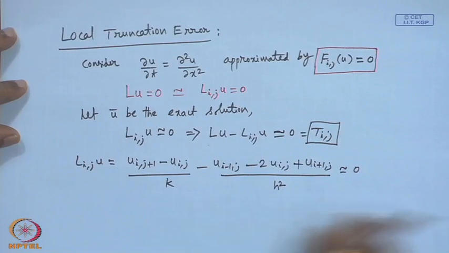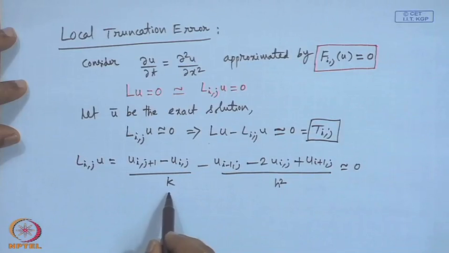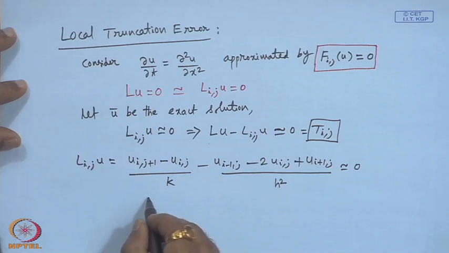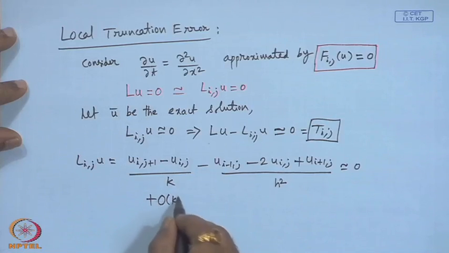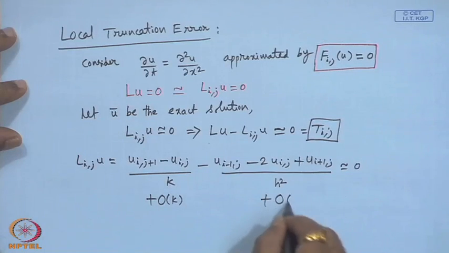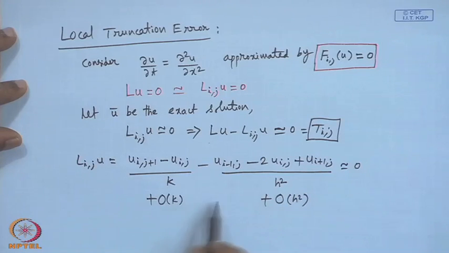Now, whatever I have mentioned, we are going to realize that. What is that? Earlier we were mentioning this is order of k and this is order of h square. So, now we are trying to realize that indeed the error which is involved in this approximation is in this order. Okay. So, how do we do that?